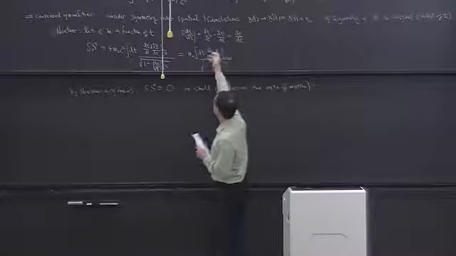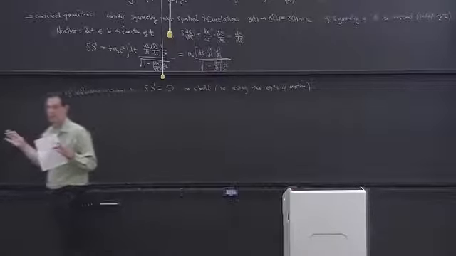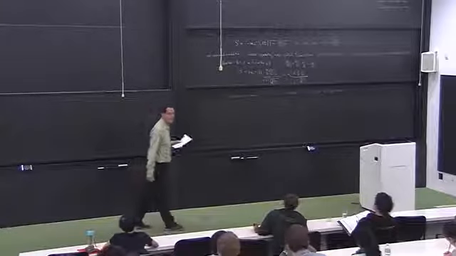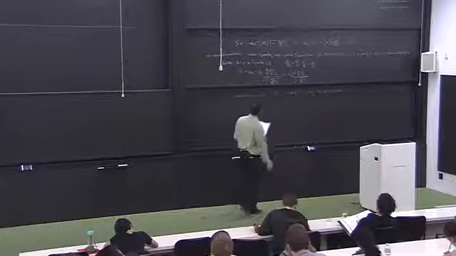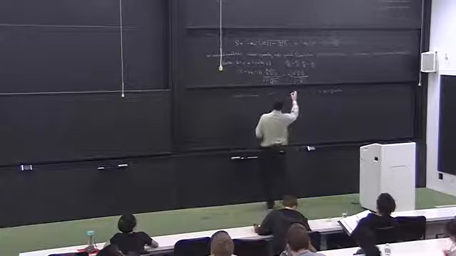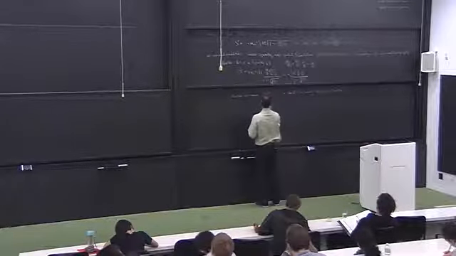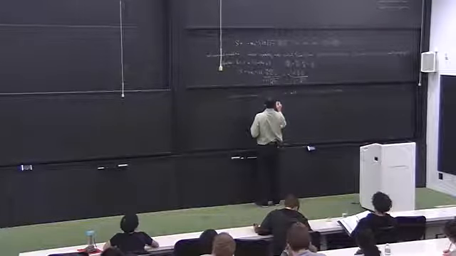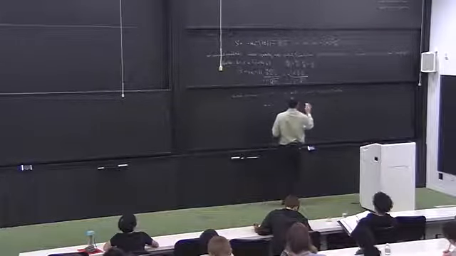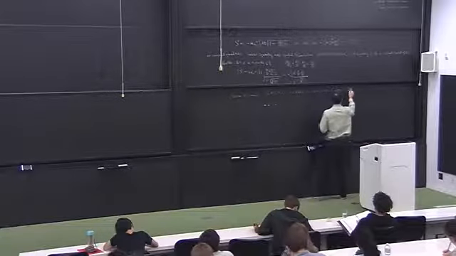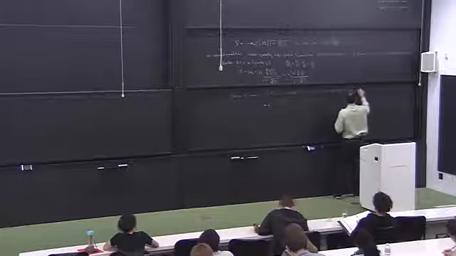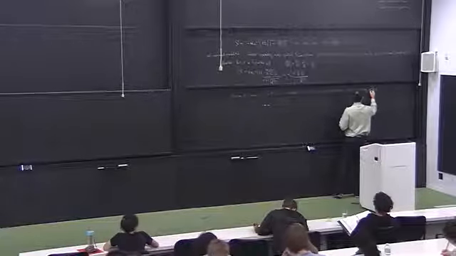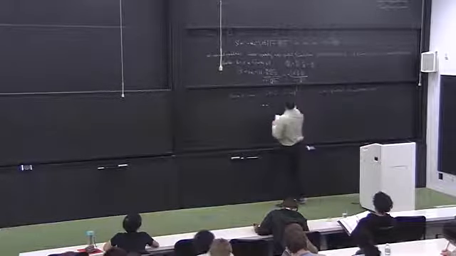Why? Because this variation of x is a legitimate variation, and the variation of the action should be 0 for all variations using the equations of motion. And so what I can do is integrate by parts. So I get equals minus, this should be for arbitrary epsilon of t, so I can integrate by parts.